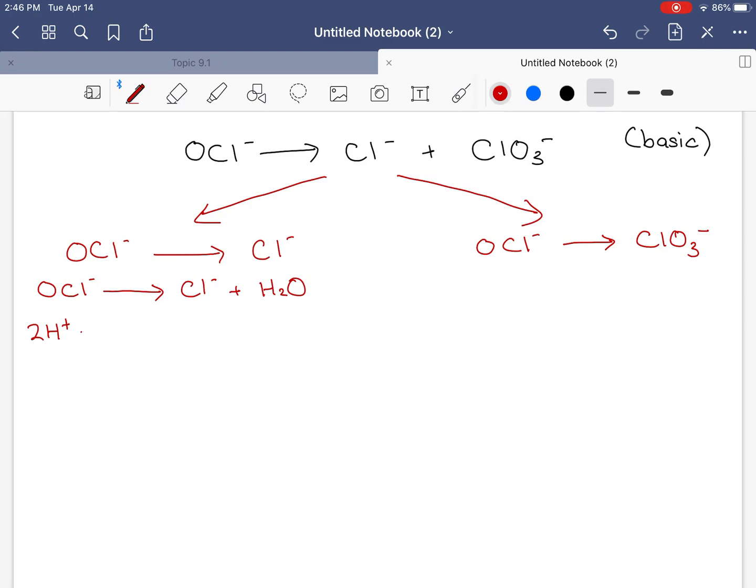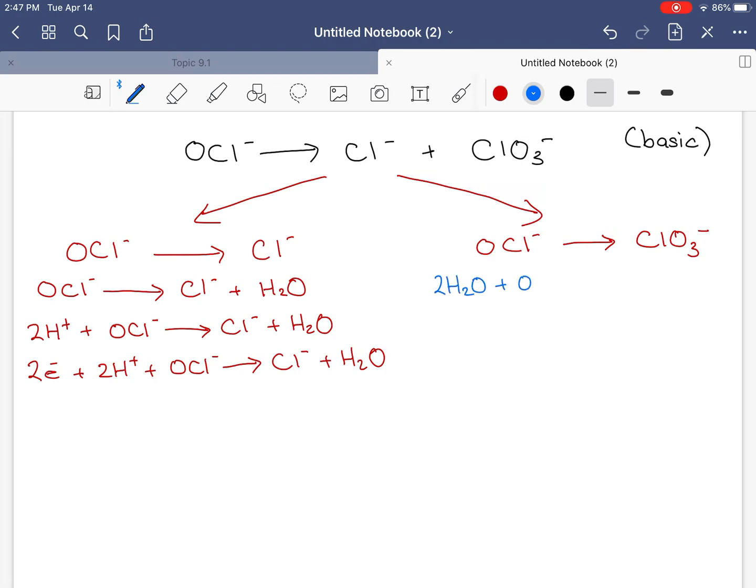All right, so 2H plus plus OCl minus will give you Cl minus and H2O. I can see those two H pluses. Something's going to happen to those guys. All right. Oh, very quickly, 2 electrons. Okay. For this side, I did not use blue.